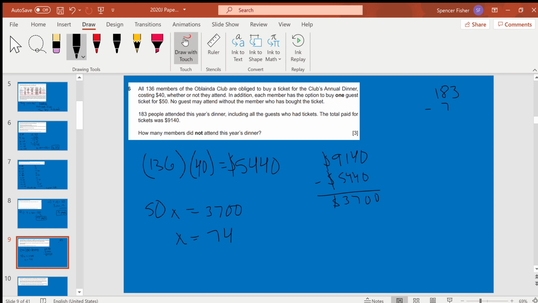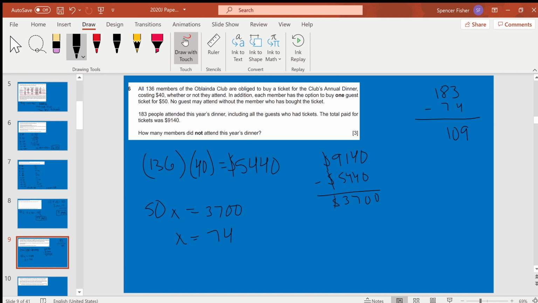Okay, now from here, we know that there were 183 people present. We know that there were 74 guest tickets, and if there were 74 guests, that means at least 74 of the actual members showed up, because the guests can't show up without their corresponding member. So 183 minus 74 equals 109.